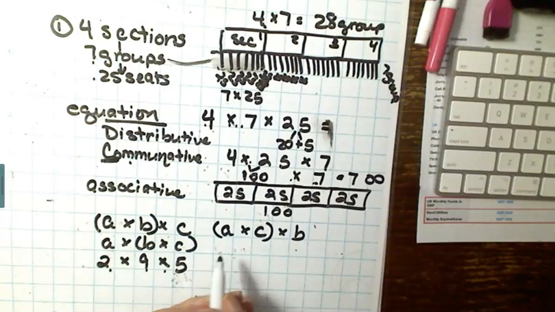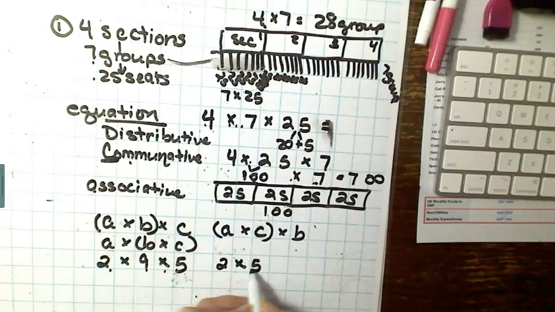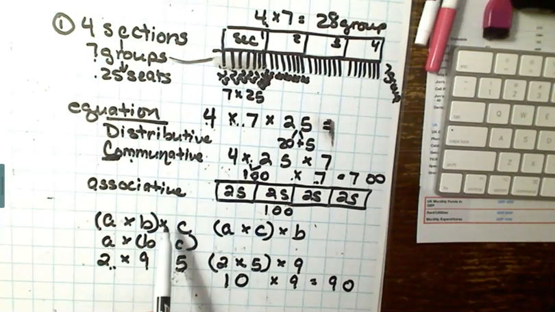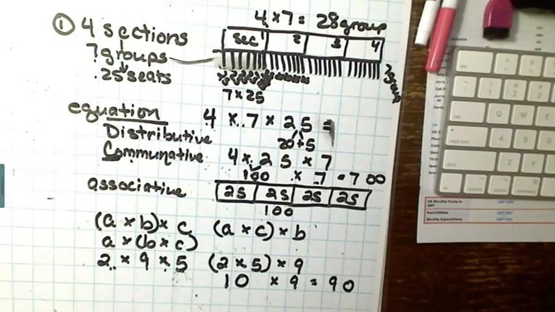If I use the commutative property and move the 9 away, but do the 2 times 5 first, and leave the 9 for later, 2 times 5 is equal to 10. Then let's multiply the 9. What's 10 groups of 9? 90. So what looked tricky at the start can become easier by using these properties, and that's why it's important to know.